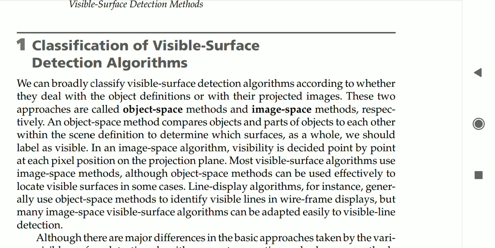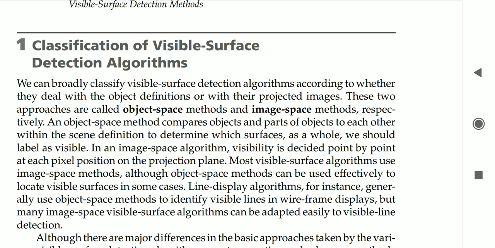What is this object space and image space? Assume one duster, one chalk and one small note, 3 objects I will keep. If you are trying to find the visible surface from 3 objects, that is the object space method. What is image space? If you take a photograph of that, in the photograph, how to identify which object or which part is first, which part is second and which part is third.